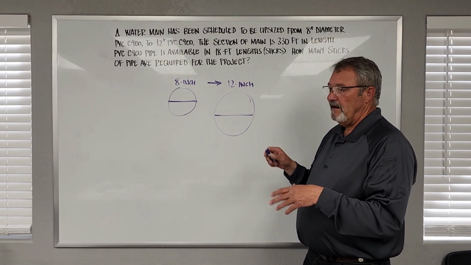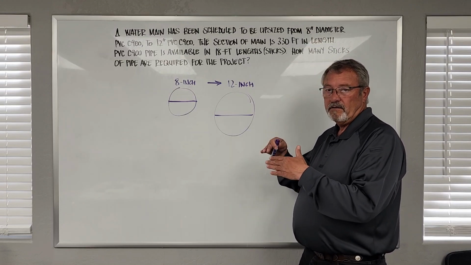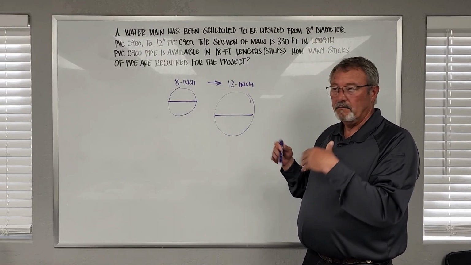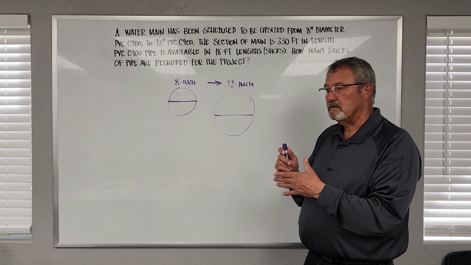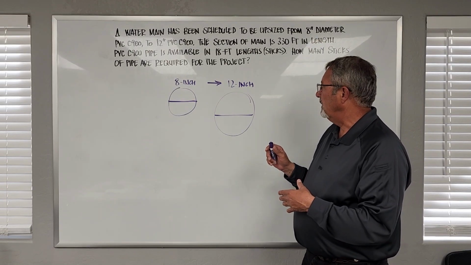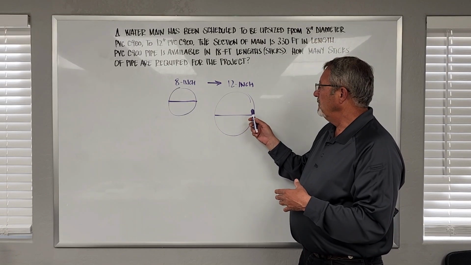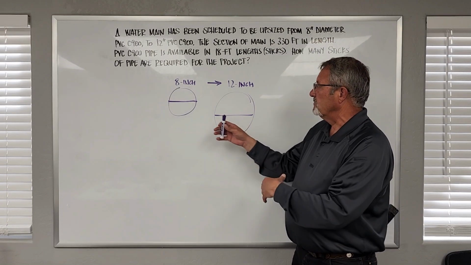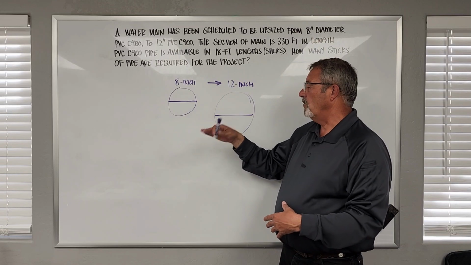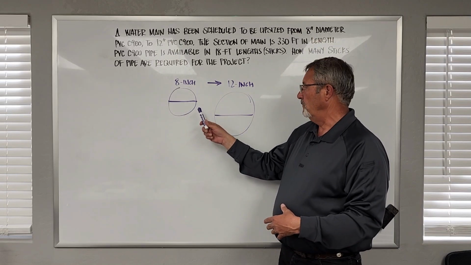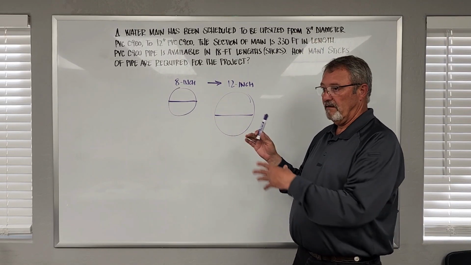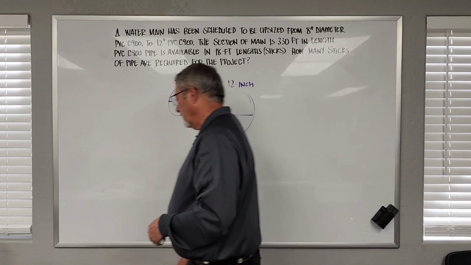Now, if you have a 45-degree bend or a 90-degree bend in the pipe, that's going to add more friction loss. And so that's what we're trying to do here, we're trying to send more water downstream. We'll be able to send more water downstream if we have more volume. Okay.